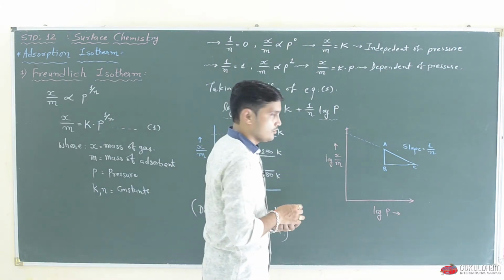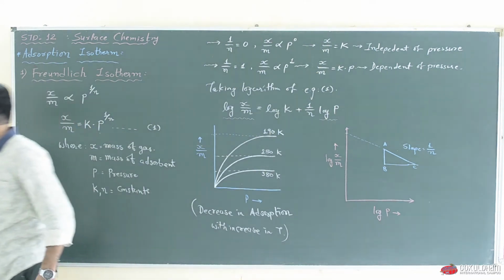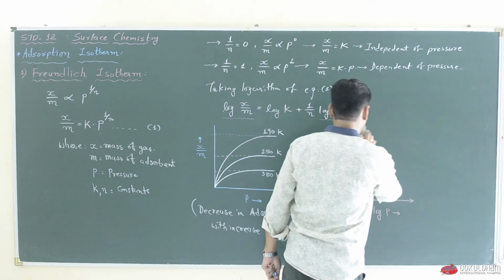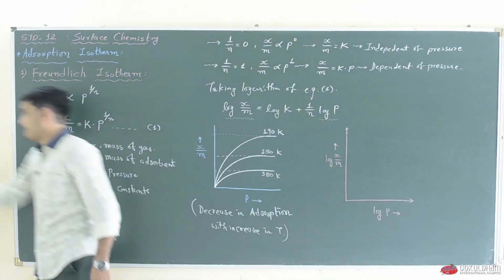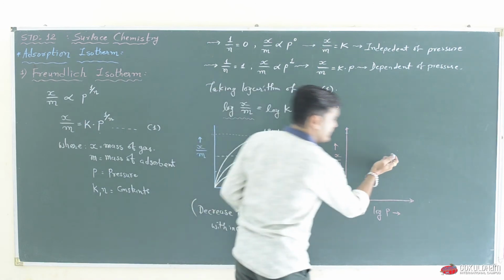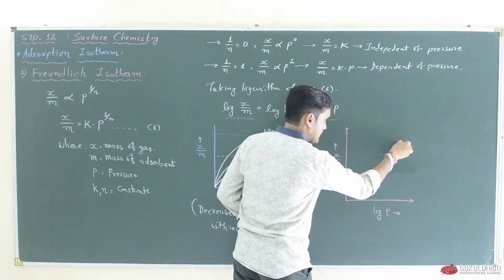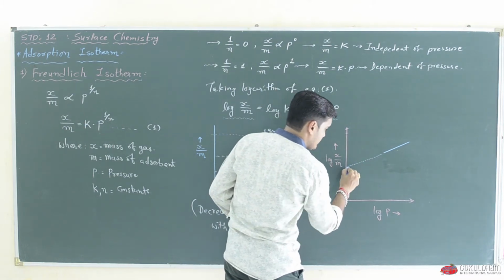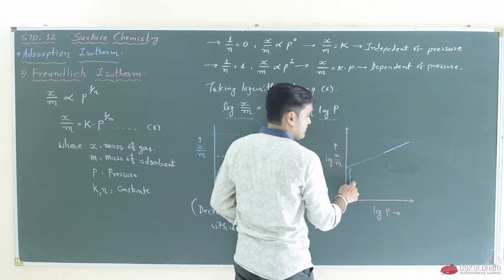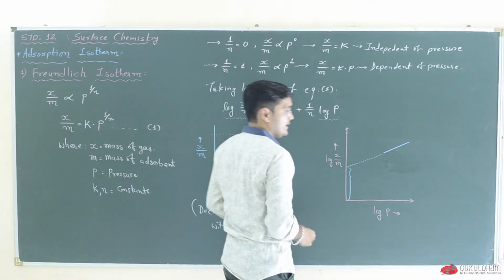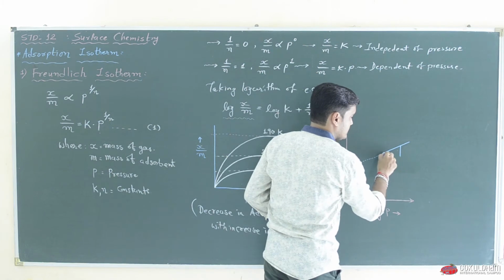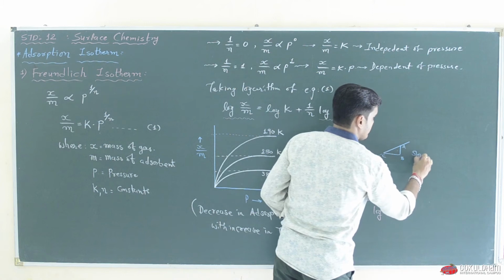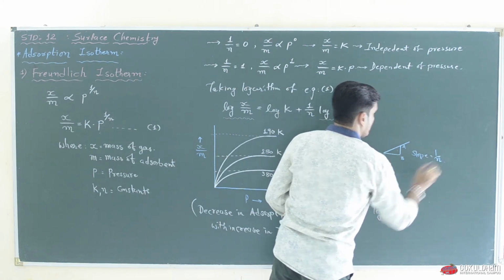You can also show this graph in this manner, a straight line, and then extend this line. You will get the intercept over here, which gives the value of log k, and you can also find the slope in this way. The value of slope is equal to 1 by n.